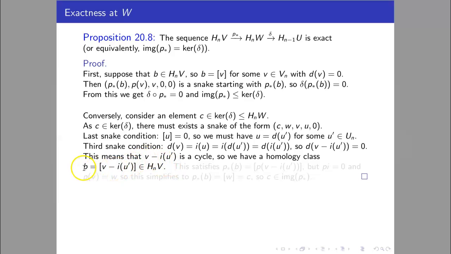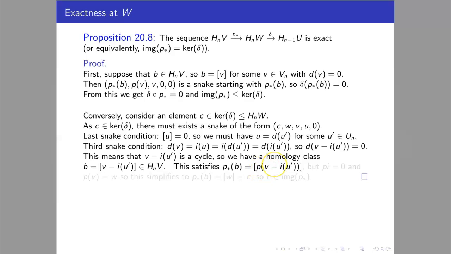So it has a homology class, which we can call B. B is square bracket (v minus iu'). That's a homology class in H_n V. So that's good. We want to claim that p star of this homology class is equal to this C. So what is p star B? Well, by the general recipe for p star, we just move the p inside the square brackets.